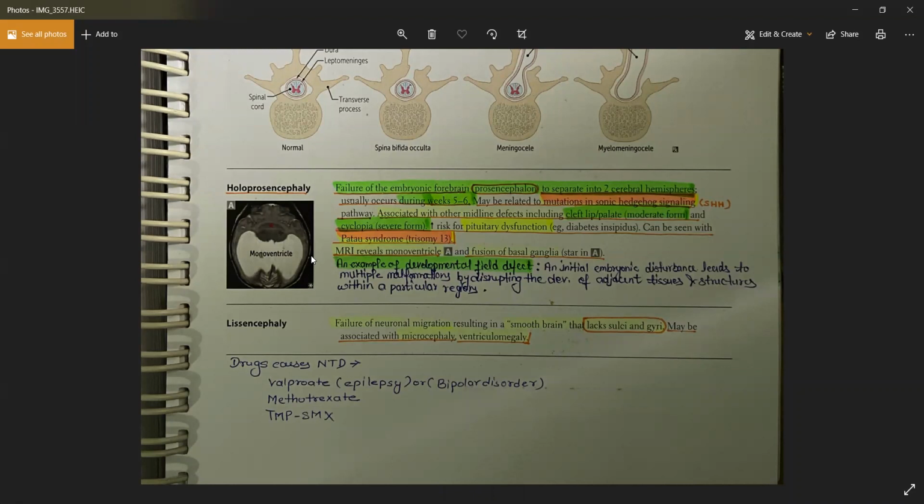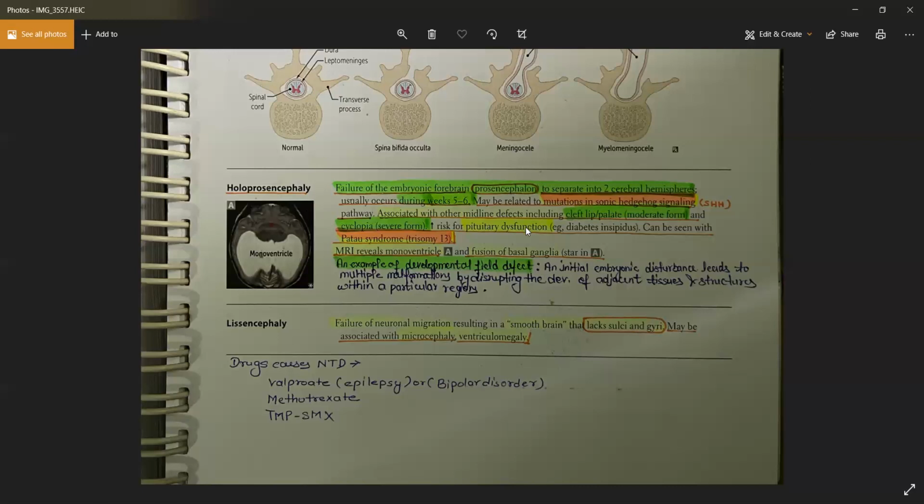And this is an example of a developmental field defect, in which a single embryonic disturbance can lead to multiple malformations. In holoprosencephaly, you have the holoprosencephaly along with the cyclopia or the cleft lip and palate, and the pituitary dysfunction.